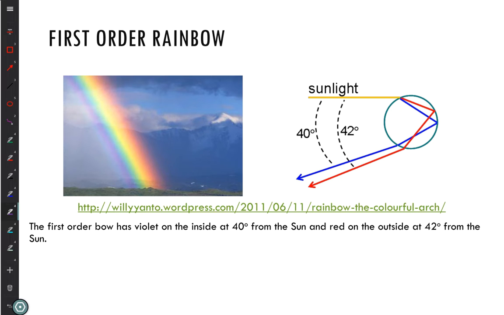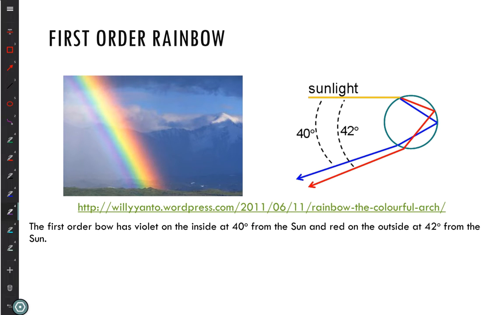So if I look up in the sky, as I start at the horizon and move up, the first color I'm going to come to is the one that's closest to horizontal. What color is that going to be? Violet. So as I look from the ground up, I'm going to see violet first. And as I keep going, I'm going to go through the rest of the colors until I get to red last.